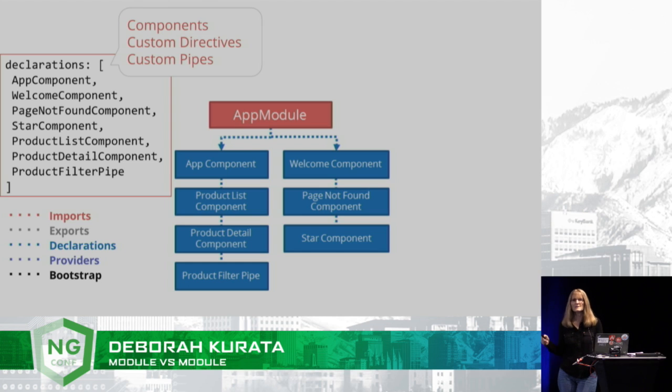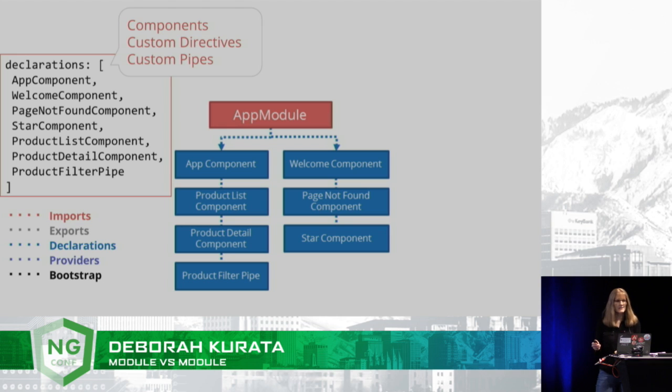So every component that we build has to belong to one and only one Angular module. In this example, we're going to start by putting it all into our root application module, our app module here. So you'll see on that list that every one of our components is there along with our pipes, and if we had custom directives, they would be there as well.